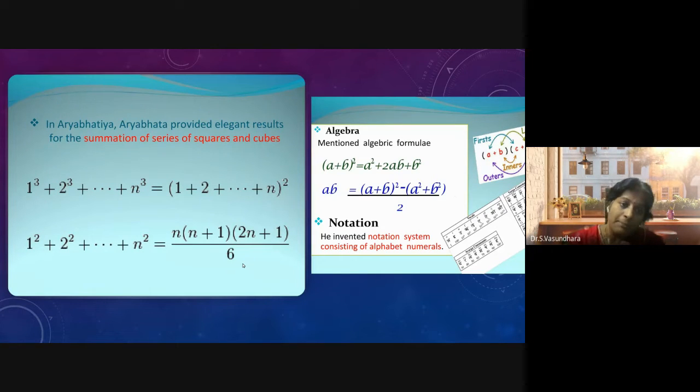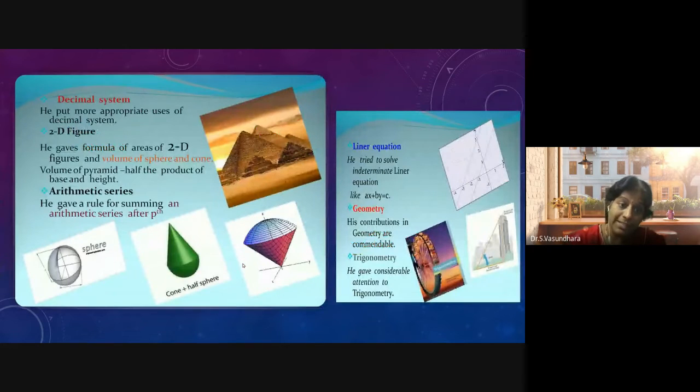And also Aryabhatta contributed elegant results for the summation of series of squares and cubes. He mentioned that algebraic formula. Every day, if we ask students what is (a plus b) whole square, they recite the knowledge, something like a square plus b square plus 2ab. So at that ancient time, these were the people who invented the number system and the decimal system also.